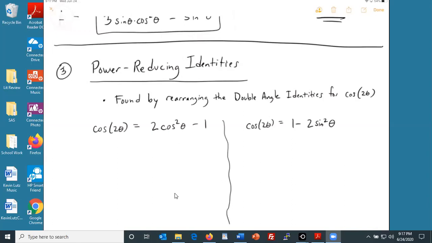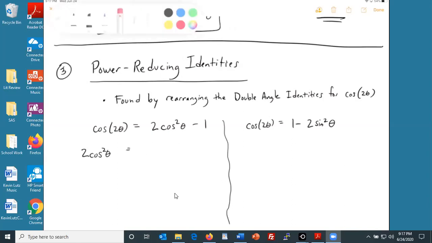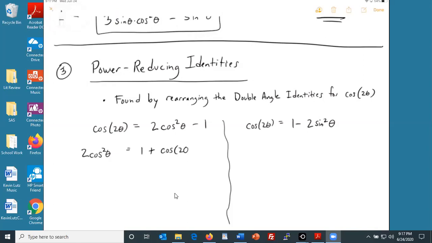So over here, we would have 2 cosine squared of theta equals, let me put the 1 first, this looks nicer, 1 plus cosine of 2 theta. Notice all I did there was add 1 to each side. So I got 1 plus the cosine of 2 theta equals 2 cosine squared. And then dividing both sides by 2, I get this.